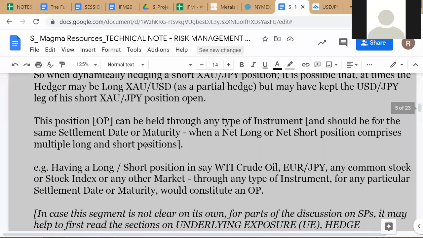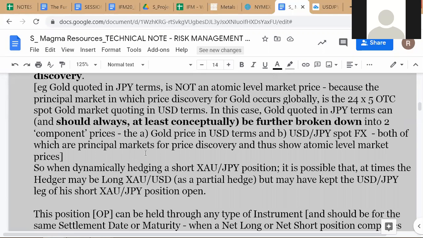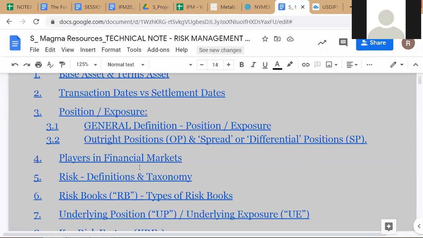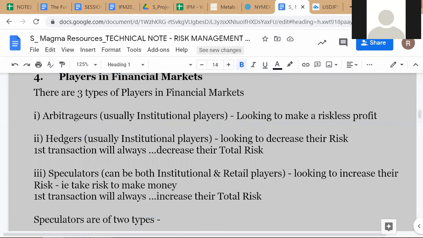So we had this long discussion on outright positions and spread or differential positions. Now let's see what we have to do. Players in financial markets, we don't need to do it because you should already be familiar, but remember that now you'll see what the underlying meaning is. Arbitrageurs don't end up with a position.